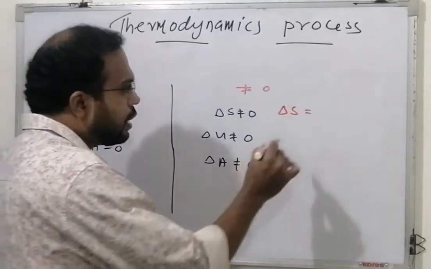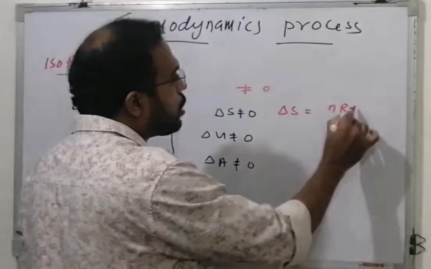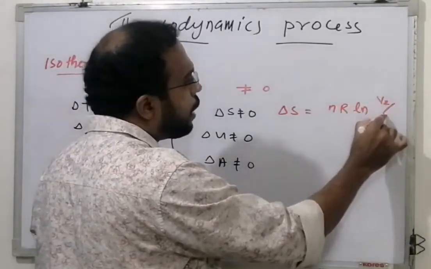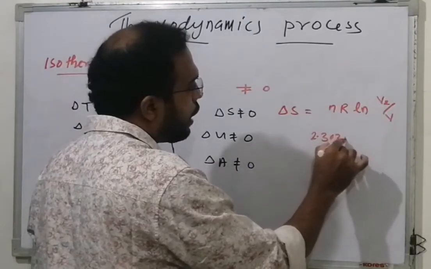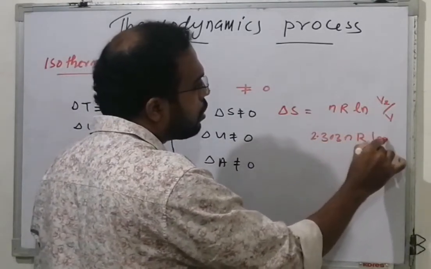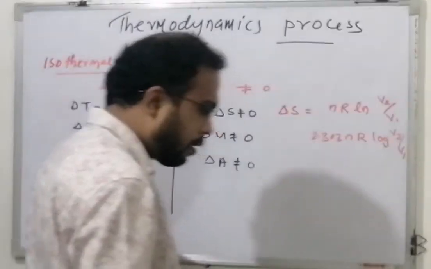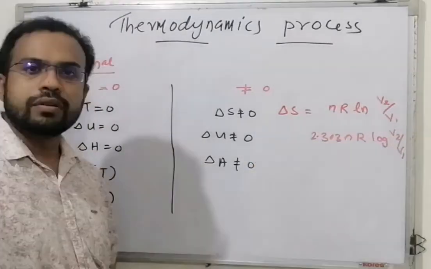It is nothing but nR ln V2 by V1, or 2.303 nR log V2 by V1. Fine. There is no T.